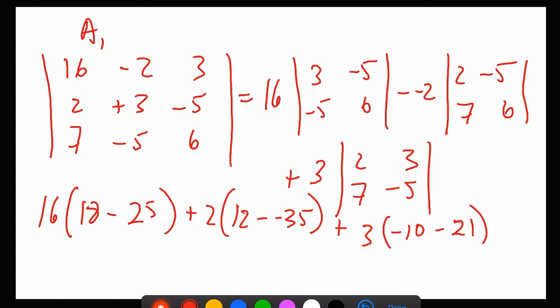I swear. 16 times 7, which is 112, plus 47 times 2, which would be 94, right? And then plus 3 times negative 31 is a minus 93, right?